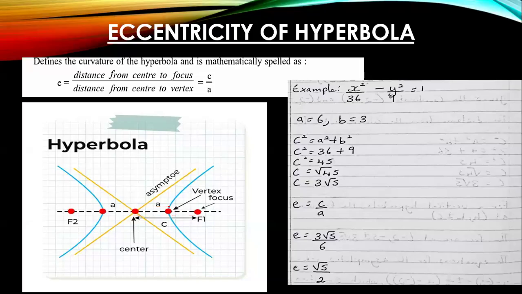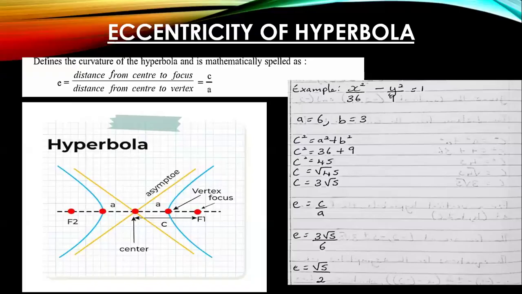So we can try an example. Here we have x squared divided by 36 minus y squared divided by 9 equals 1.